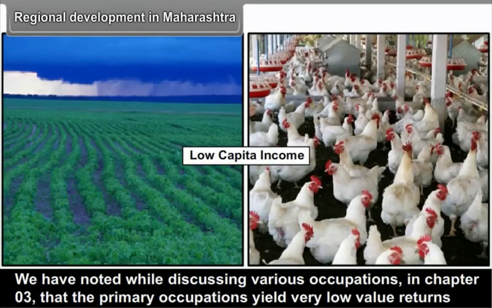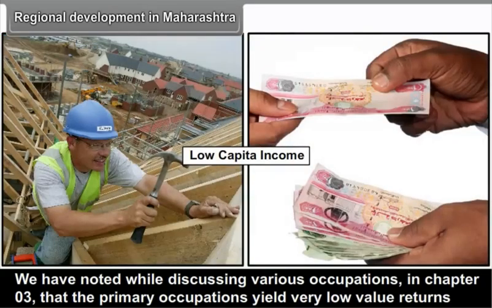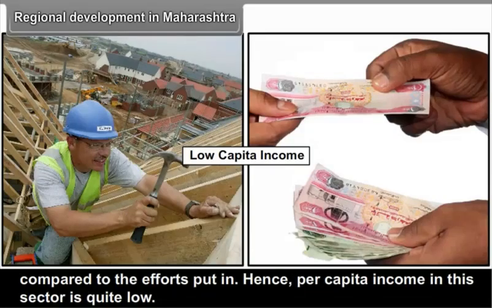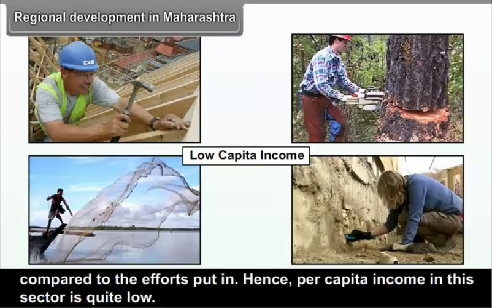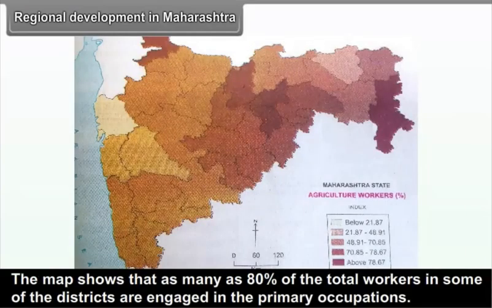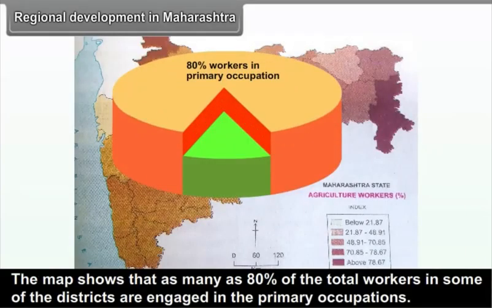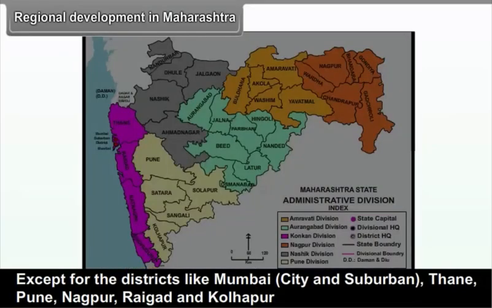We have noted while discussing various occupations in Chapter 3 that the primary occupations yield very low value returns compared to the efforts put in. Hence, per capita income in this sector is quite low. The map shows that as many as 80% of the total workers in some of the districts are engaged in the primary occupations.